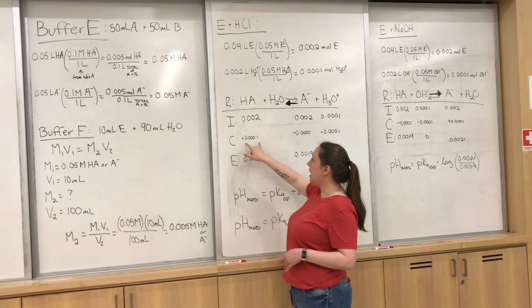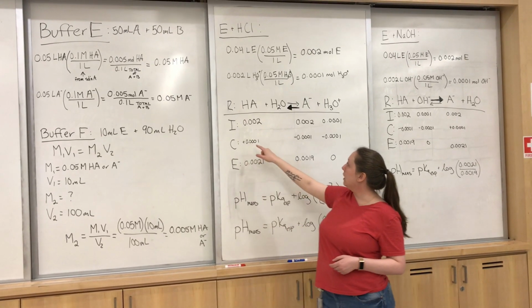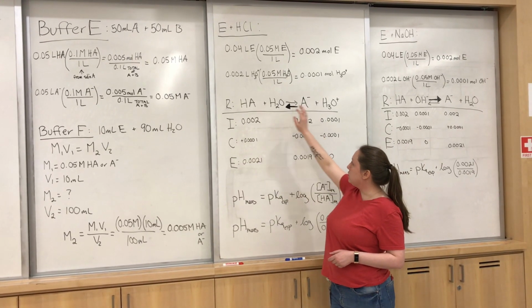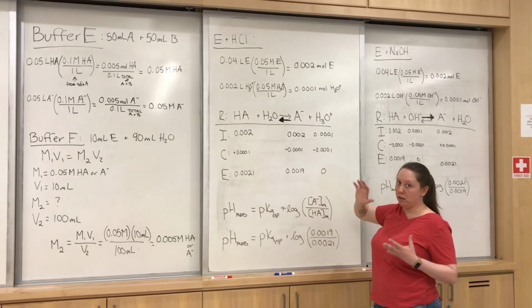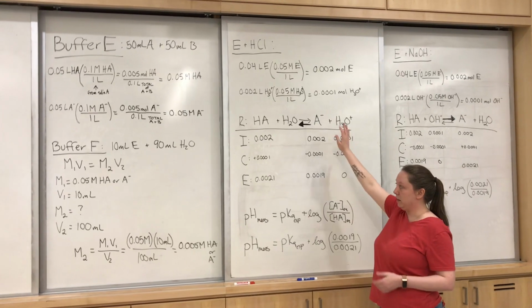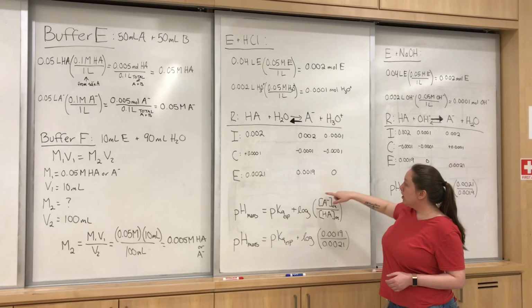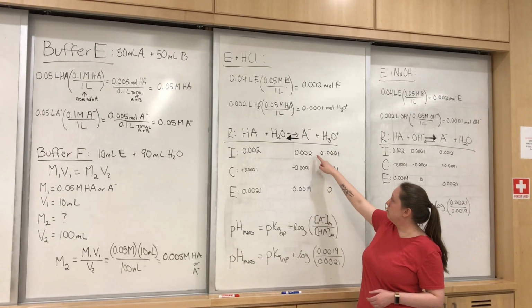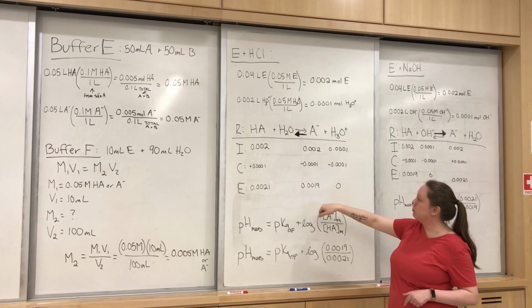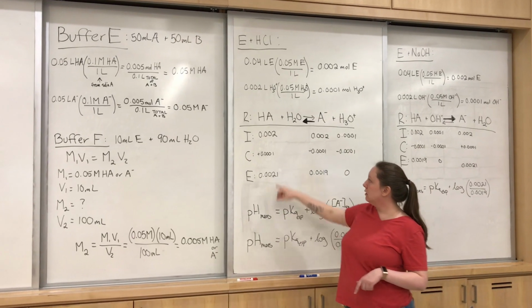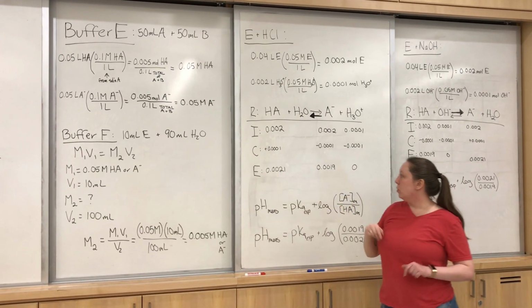So we have to add that same amount over here because our HA and A minus are in a 1-to-1 molar ratio based on the equation. So 0.002 minus 0.0001 gives 0.0019. This addition gives you 0.0021.